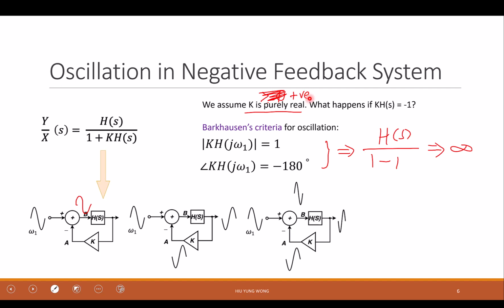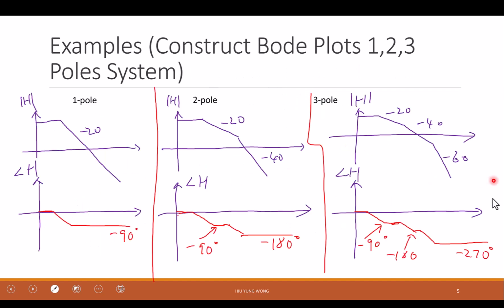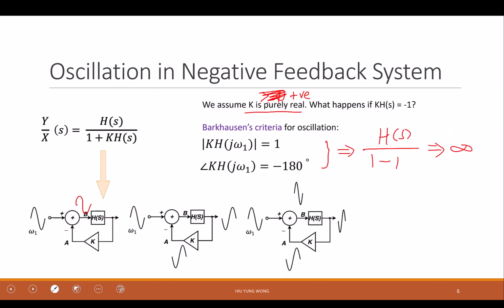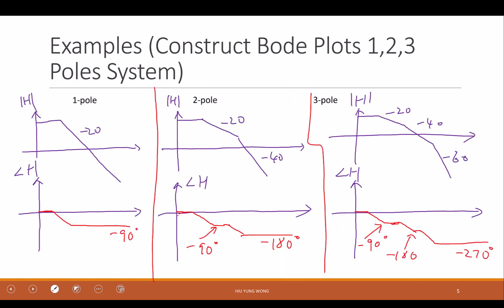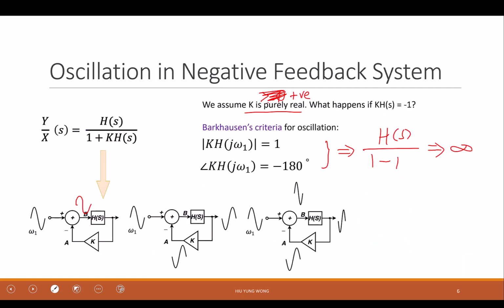So there's a possibility that when you go to a high frequency, the H will change because the H can be one of these. Okay? And if it is one of these, particularly the three poles one, right, you might get into negative 180 degrees at finite frequency. And then what happens?